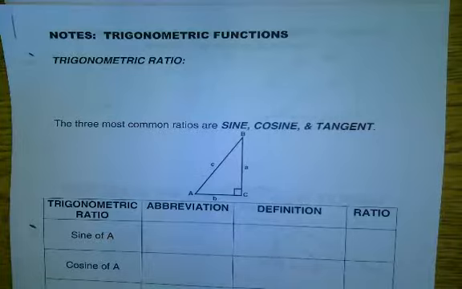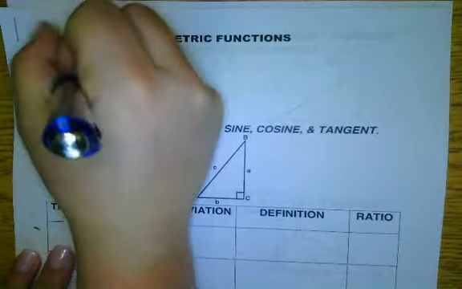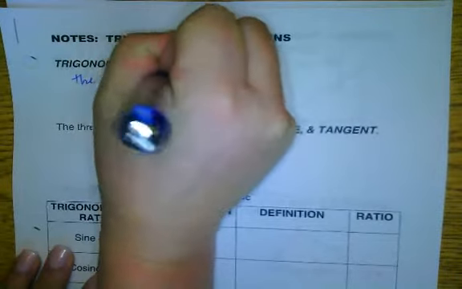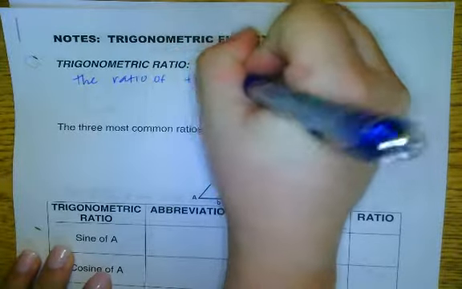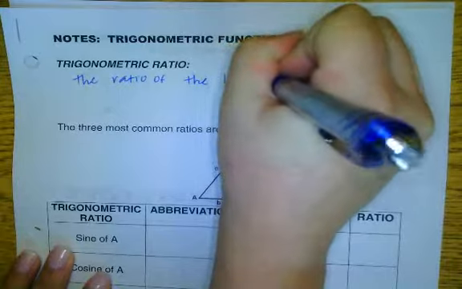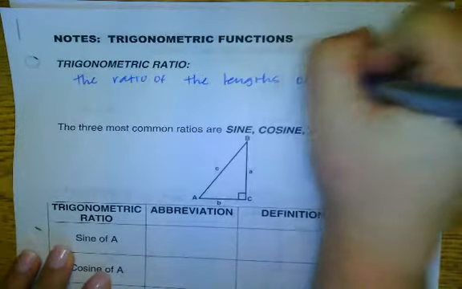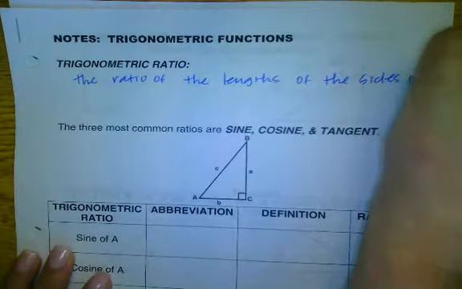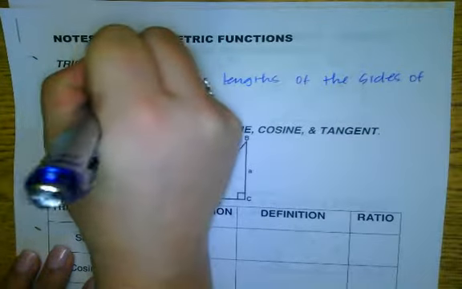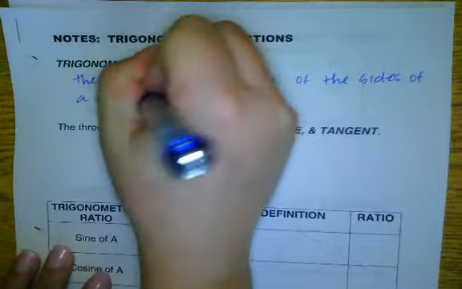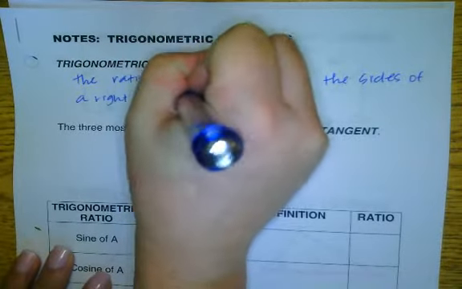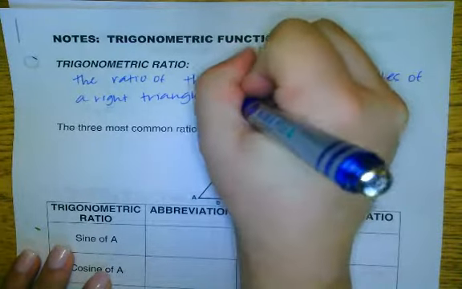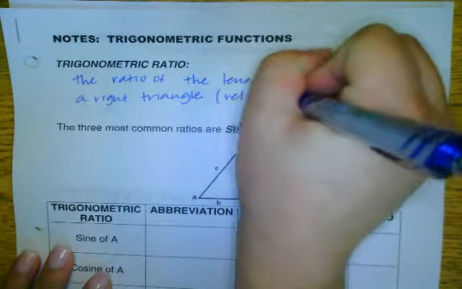Trigonometric ratio. Okay? That is the ratio of the lengths of the sides of a right triangle. Okay, and it is related to the acute angles.